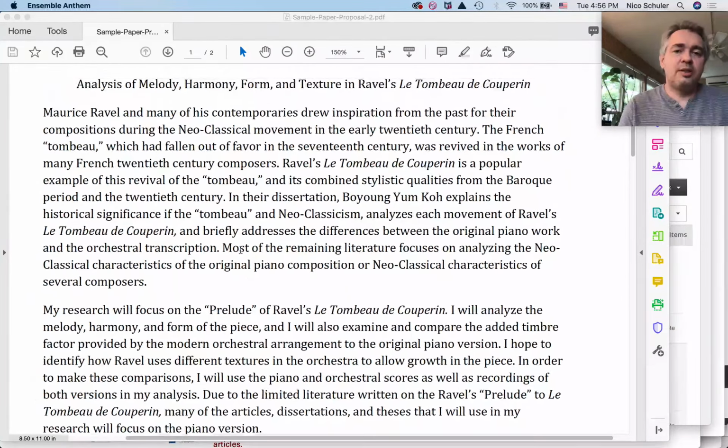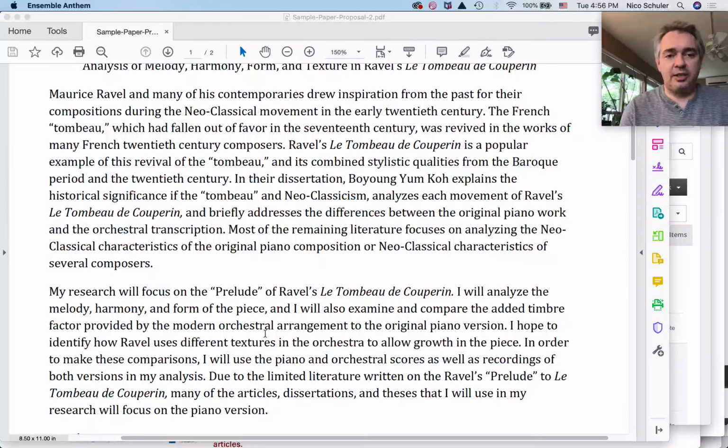Now what is not directly said in this particular proposal, but is kind of indirectly said, is the originality of the research. How we define research is that you do something, you don't just assemble information that is somewhere out there, but you assemble either information in a new way or you find new information. In this case, it's actually new analytical information.